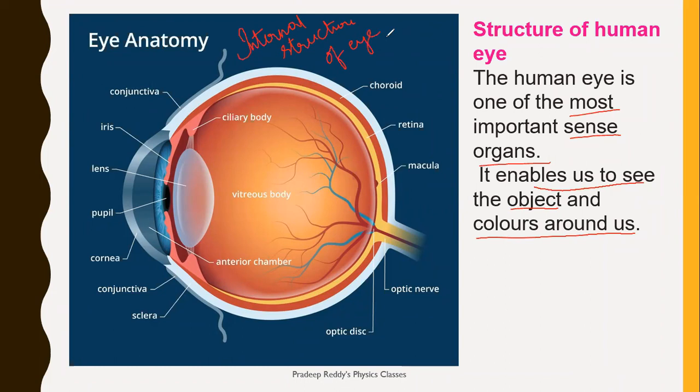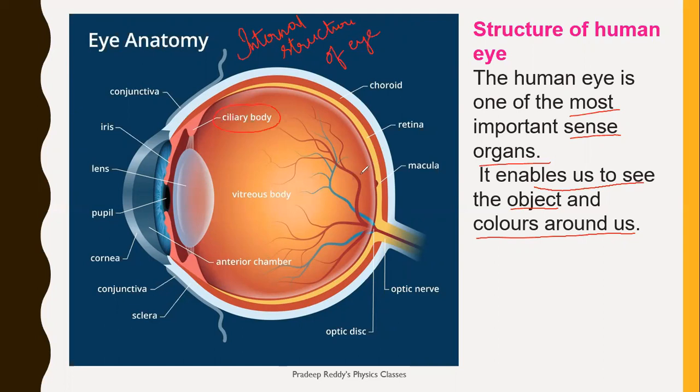Labeling this eye is important, and of course all these parts you will be learning in detail in biology, but in physics we will be using only a few terms which are related to optics, and out of those, this is one thing we need to remember.